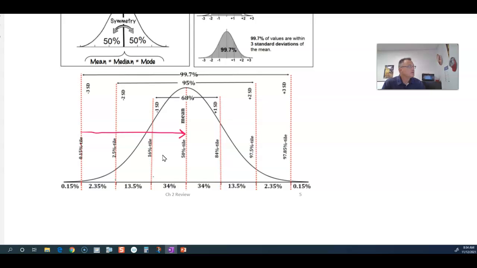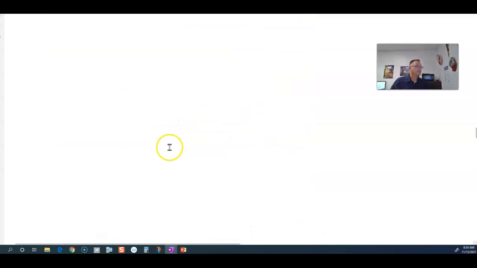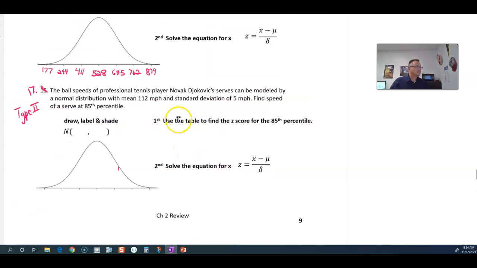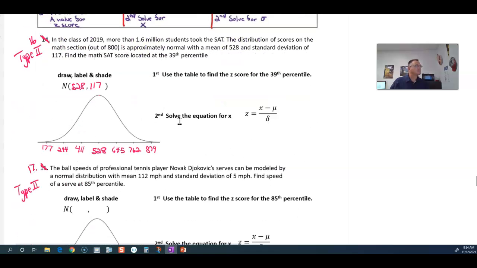If you shaded up from the left up to the first one, that would be the 16th percentile. So the 39th percentile is somewhere between these two. So I'm just going to estimate. I'm going to say it'll be about here.